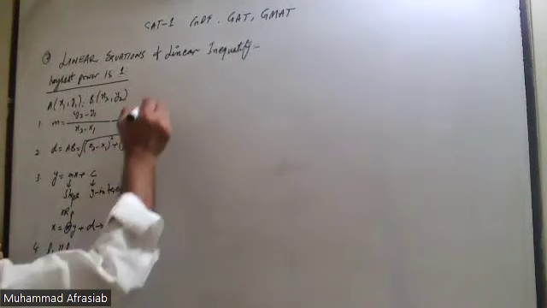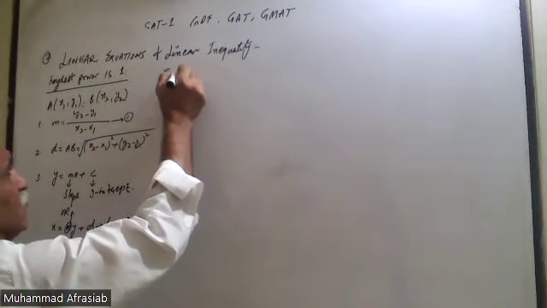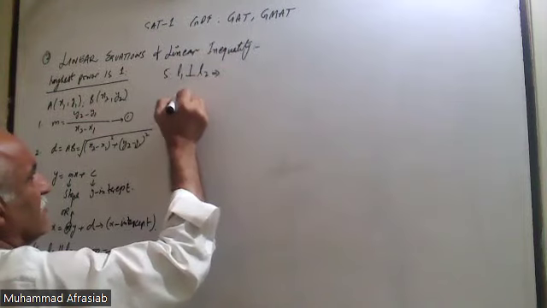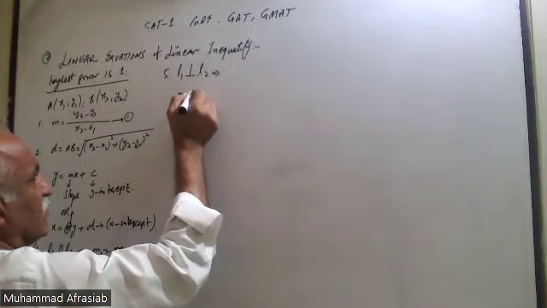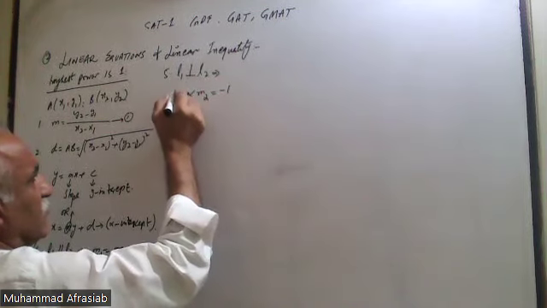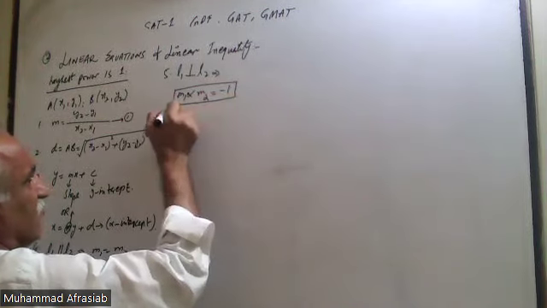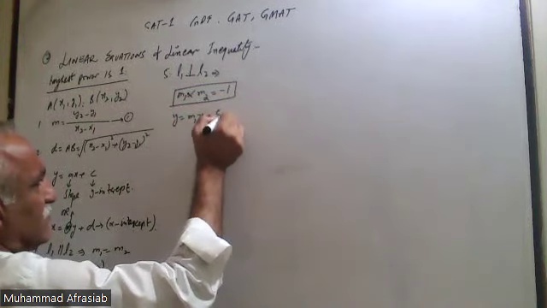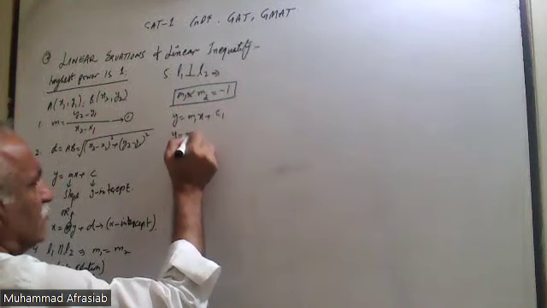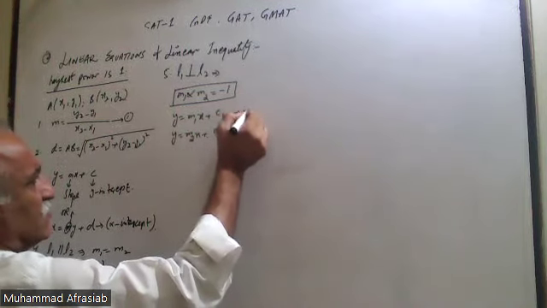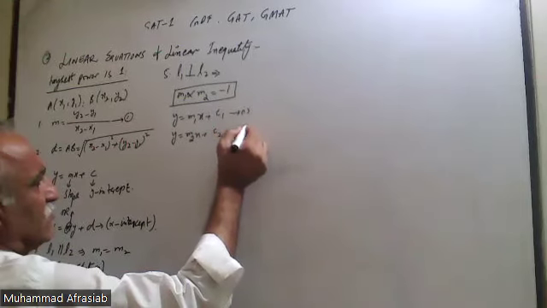If 2 lines are perpendicular to each other, then the product of their slopes is equal to -1. For the lines y is equal to m1x plus c1 and y is equal to m2x plus c2, these are the equations of 2 lines.